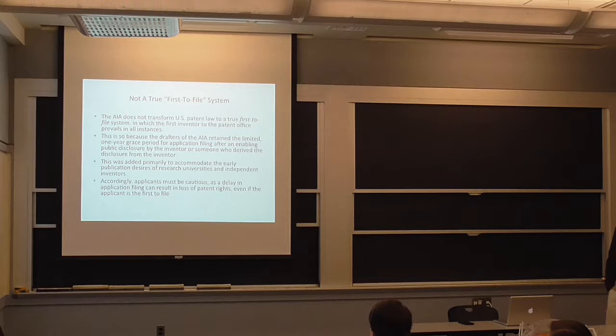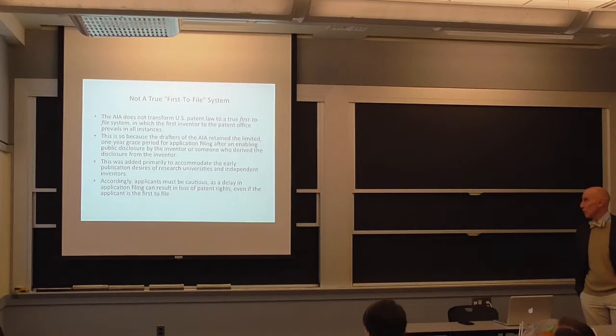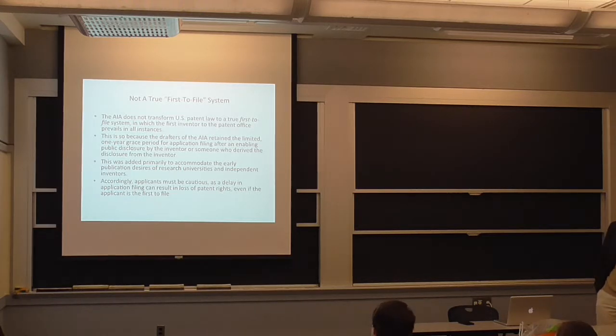The AIA does not transform the U.S. into a true first-to-file system, in which the first inventor to the patent office, the one who wins the race to the steps of the patent office, gets the rights. This is because the drafters of the AIA retained the limited one-year grace period for applications filed after an enabling public disclosure by the inventor or someone who derived disclosure from the inventor.